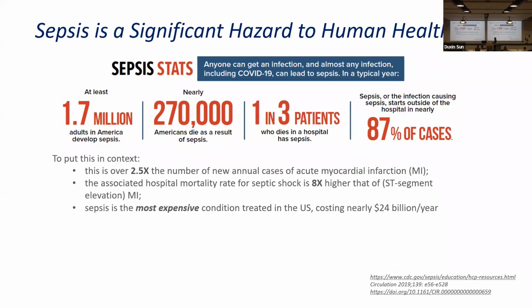But just in context of what sepsis means relative to a disease that we know is a significant hazard to human health, MI. Sepsis, we have 2.5 times more cases of sepsis than we do MI in the US each year. The hospital mortality rate of septic shock, which is the most severe form of sepsis, is 8 times higher than the most severe form of MI. So it kills a lot of people.